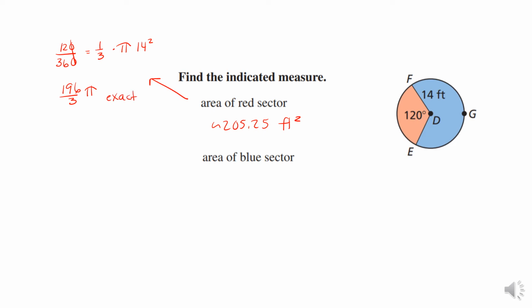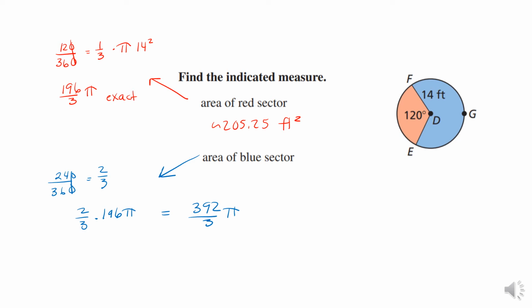Okay, now to find the blue one, might as well switch to blue so we don't get mixed up. So that would be 240, because 360 minus 120 is 240 over 360. Simplify that, it becomes 2/3. We already know that 14 squared is 196, so we're going to go 2/3 times 196 pi equals 392 over 3 pi.